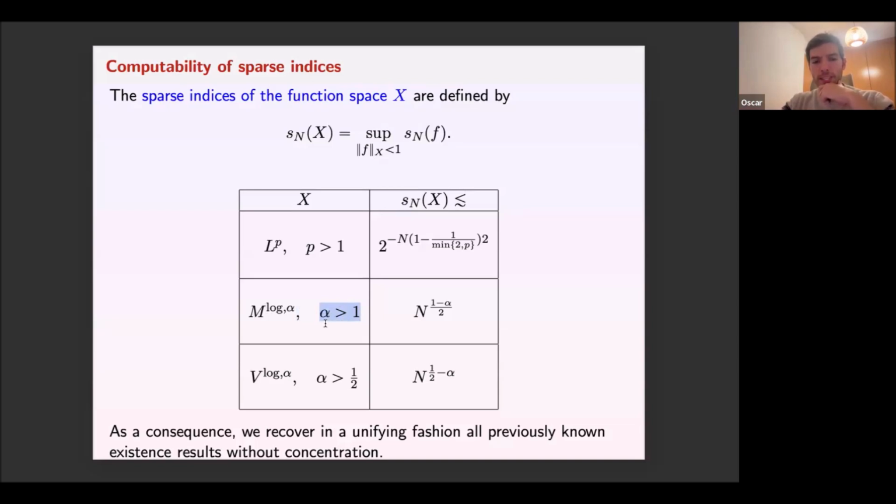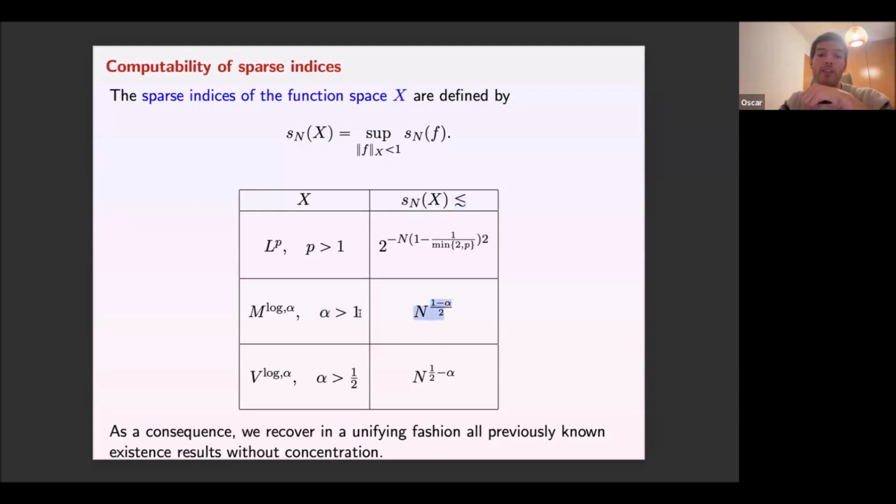But at least for me, this was very useful because the proof of this upper estimate for the sparse indices is very transparent. It's elementary, I would say. And then there is not too much room for improvement. So this suggested to me that maybe the result was optimal. But note that here we have only an upper estimate, so it may happen that we were not clever enough to improve this decay.